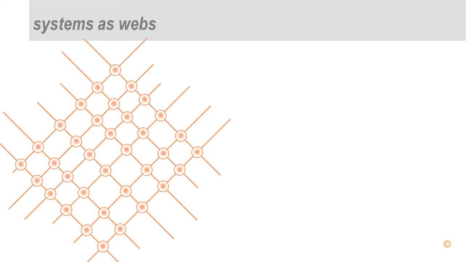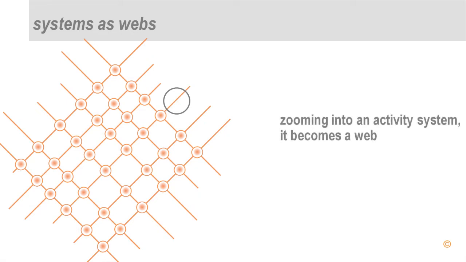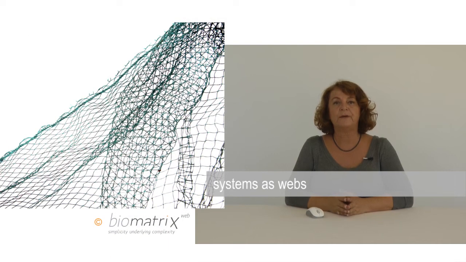different perspectives. One of them being the activity system perspective, or the string perspective. If we are zooming into an activity system, it actually becomes a web of interacting activity and entity systems. For example, the education system of a society is an activity system.